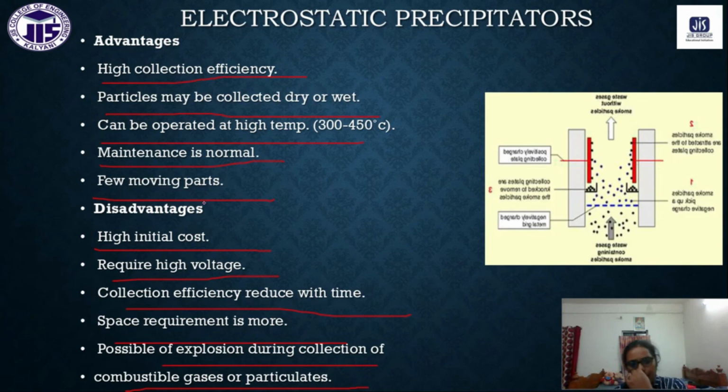So these are some of the disadvantages, but the main advantage of this equipment is that it can remove particles between 0.1 micrometer and 1 micrometer, right? So very small particles can also be removed by this electrostatic precipitator. This is the special benefit.